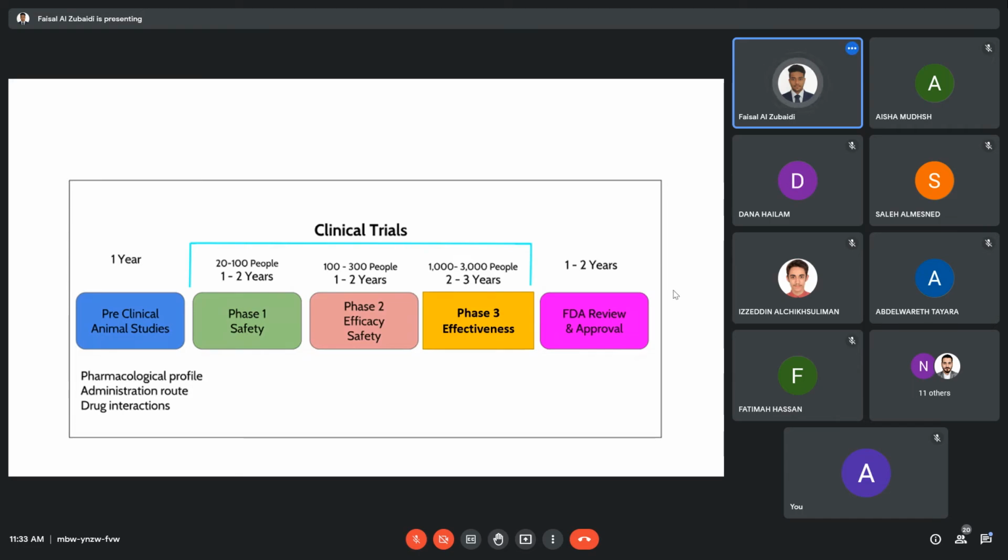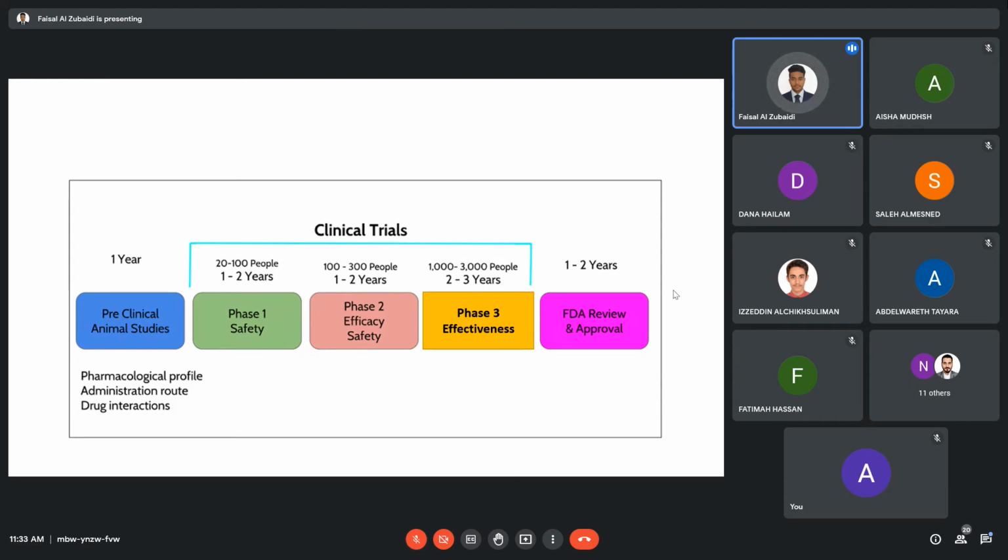When we come to phase 3, we want to test the effectiveness, not the efficacy. The efficacy is the outcome we have in the ideal condition. But the effectiveness is what we will see in our daily life. If we give patient 1 a drug and patient 2 the same drug, it will act differently because they have different lifestyles, different diets, different medications, and different diseases as comorbidities.